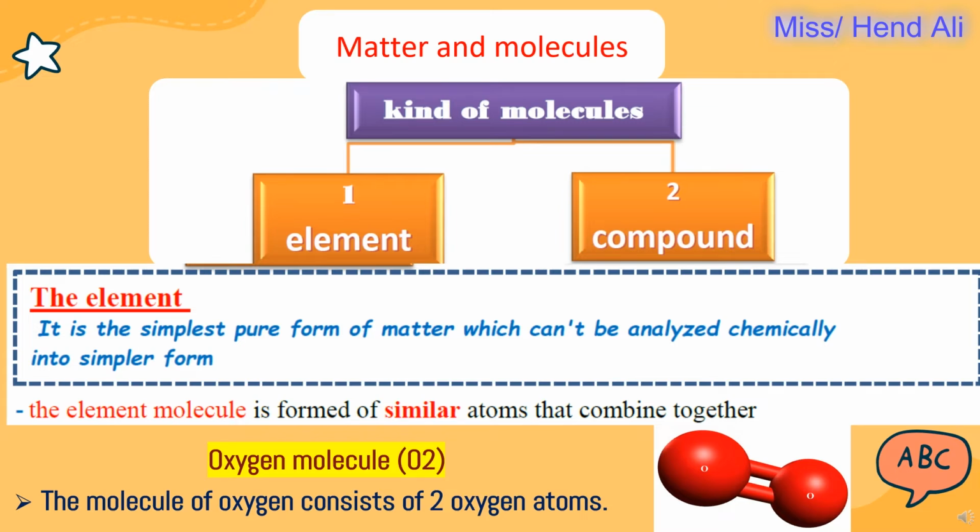The molecule of oxygen consists of two oxygen atoms, so of similar atoms, oxygen and oxygen. So the element molecule is formed of similar atoms. They must be the same. Oxygen, the other one will be oxygen. Not oxygen and hydrogen, no. Oxygen, oxygen. Hydrogen, hydrogen. So the element molecule is formed of similar atoms that combine together, like the oxygen molecule.